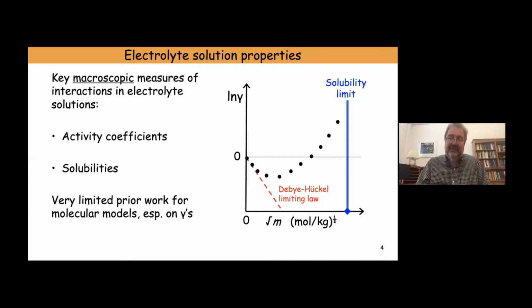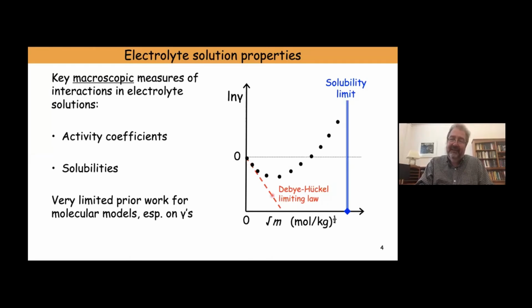In electrolyte solutions, that reference state is the infinite dilution state at zero concentration, and I will use my pointer here. So zero concentration on this plot would, by definition, by construction, result in an activity coefficient gamma equal to 1, and then electrolyte solution non-idealities are described exactly at the limit of zero concentration by the very well-known Debye-Hückel limiting law, which was, by the way, a topic of a whole seminar in this series a few weeks back by Professor Kontogeorgis.